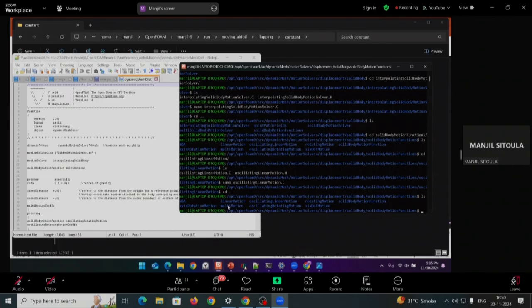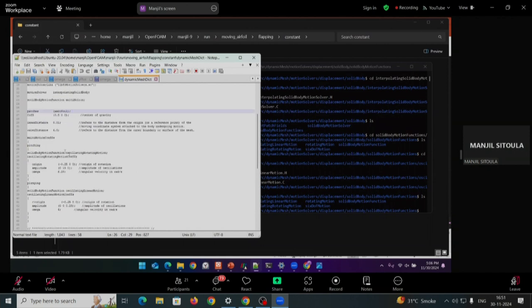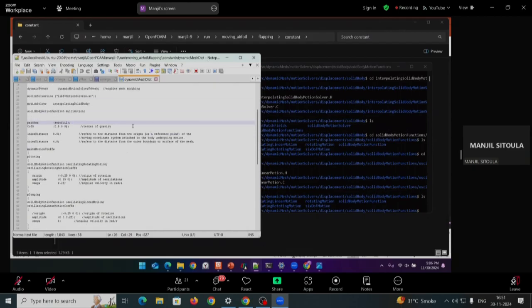We have used this multi-motion function to prepare the dynamic mesh dictionary file. We have combined the linear oscillating rotating motion and the oscillating linear motion into this one single multi-motion file.